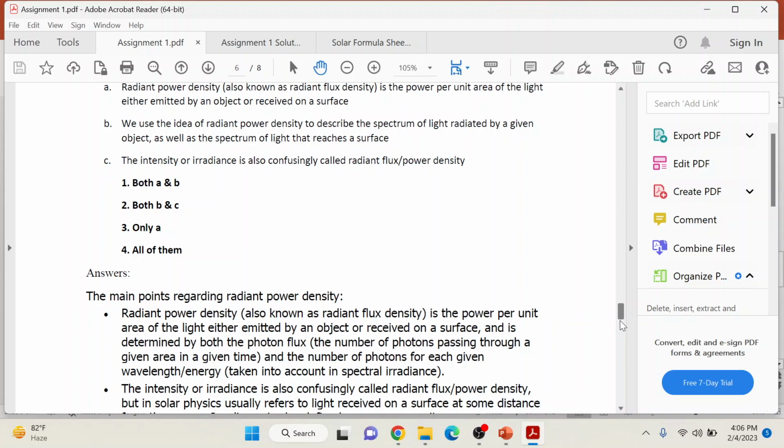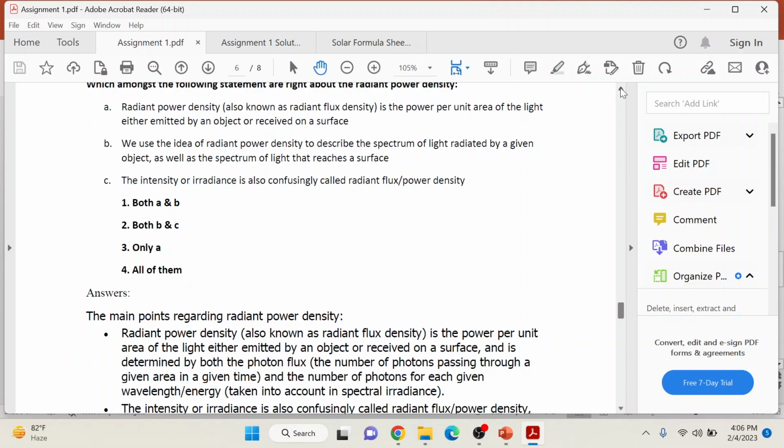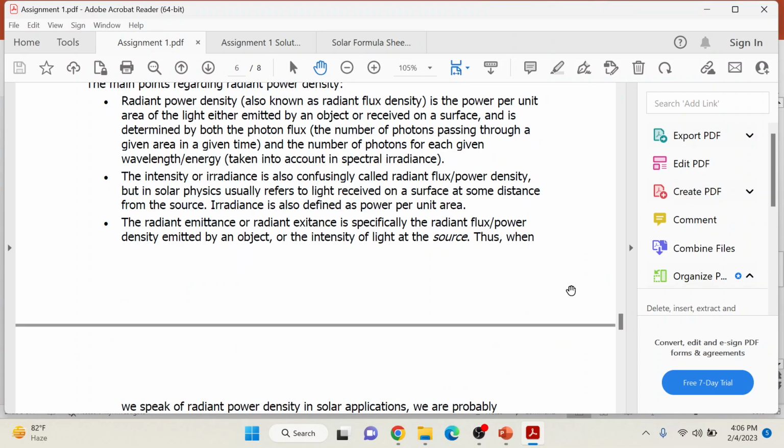Now, this radiant power density term that we are using, some people confuse it with the solar physics power density term. There it is somewhat different from us, but we get confused. In solar terms, it is defined as light received on a surface at some distance from the source. So irradiance is also the power per unit area.